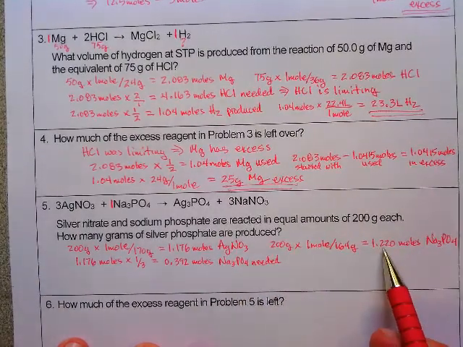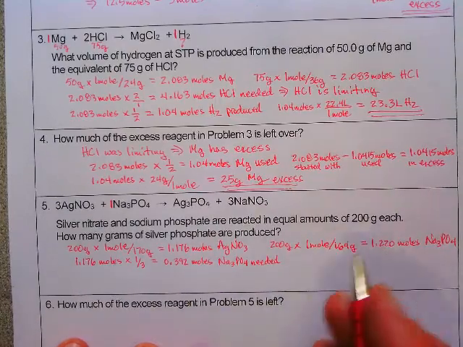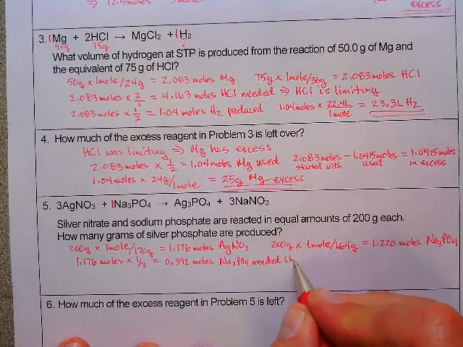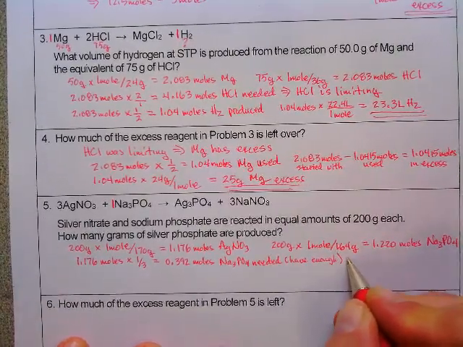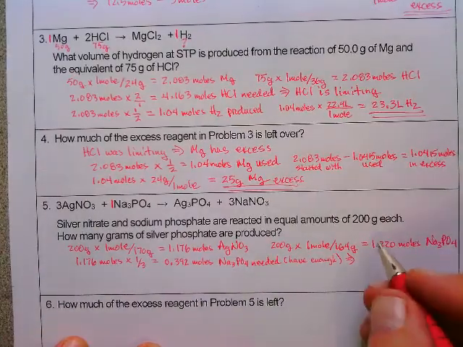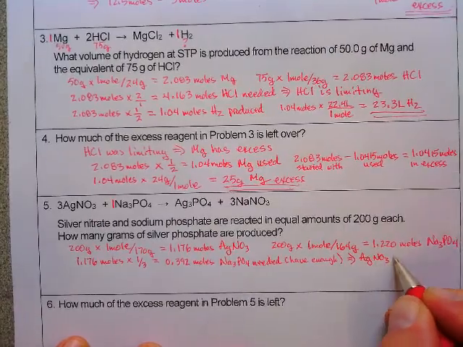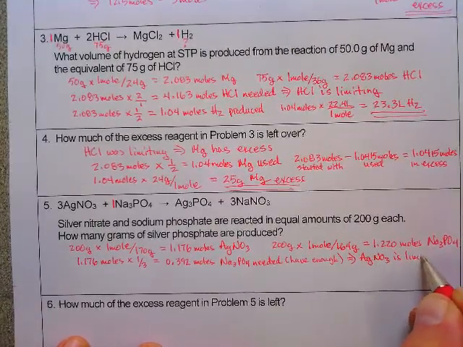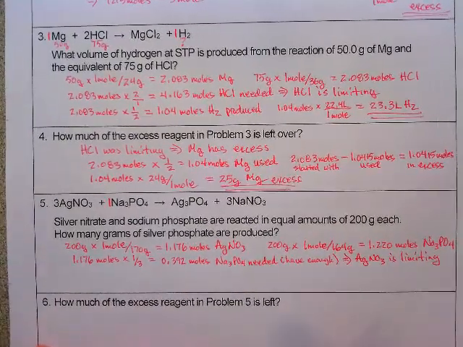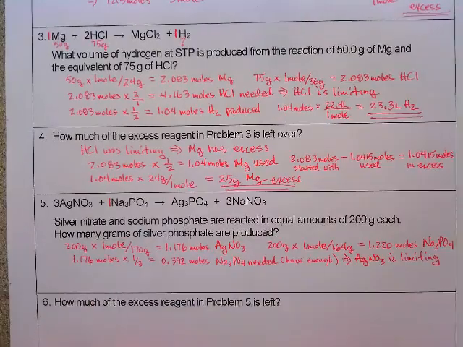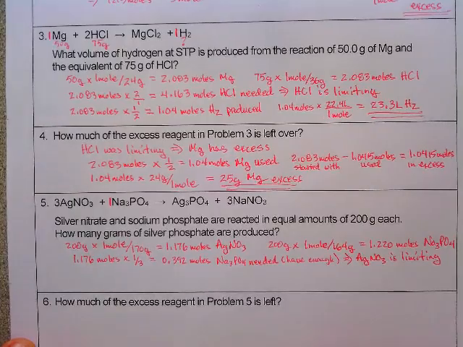I have 1.22. I'm only going to need 0.394. So when I have extra, I have enough. So that means the other one is limiting. And so the AgNO3 is the one that is limiting. And when we do the last part, it'll be, of course, the sodium phosphate, this part, that will have excess. So that's the one I'm going to use.